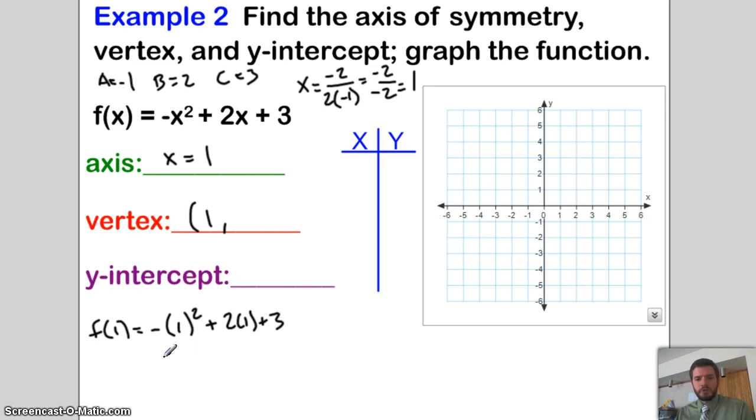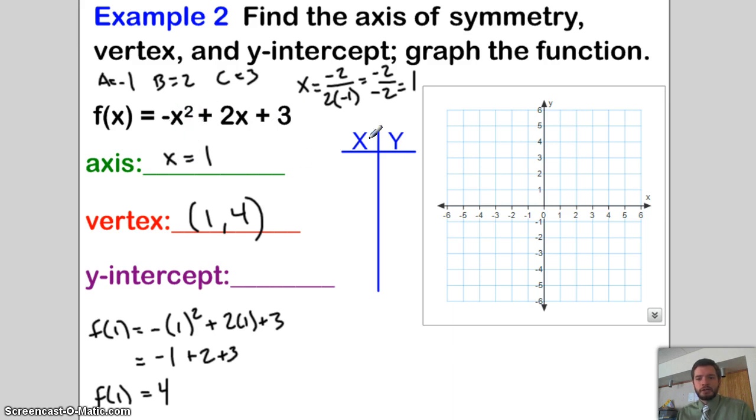So 1 squared is 1, and then you make it negative, so it's negative 1 plus 2 plus 3. Negative 1 plus 2 is 1. 1 plus 3 is 4. So f of 1 equals 4. So the vertex will be at 1, 4. Now, we know that because of the negative, it's going to be facing down. All right, and again, because we've done these a little bit before.